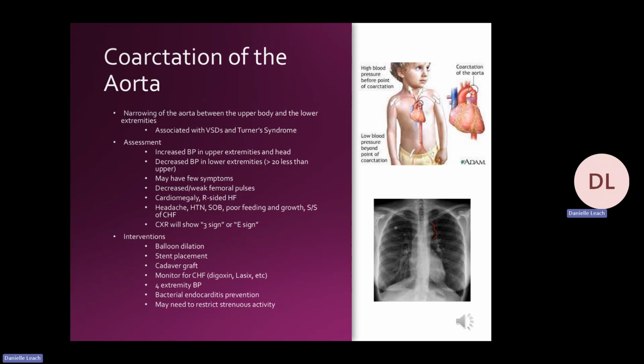We have to monitor for congestive heart failure, so we may be, of course, monitoring their blood pressure and I&O, and they may be on medications such as digoxin and Lasix. These patients are also going to have the bacterial endocarditis prevention, where they're taking amoxicillin or whatever is prescribed before a procedure. They may need to restrict strenuous activity depending on how severe their symptoms are.